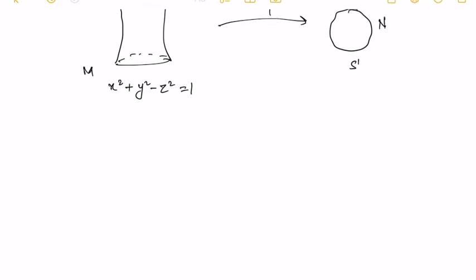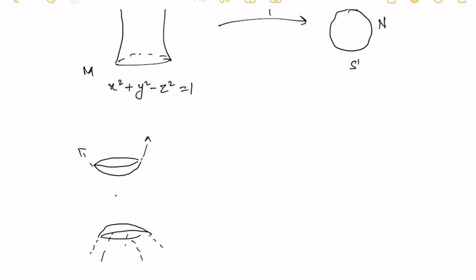Okay, another example is this. Draw it carefully. Yeah, and this extends like this, and the same thing upside down over here. And this extends to infinity as well, in all directions.